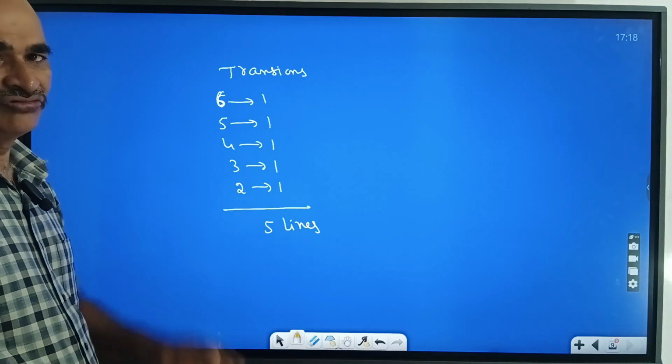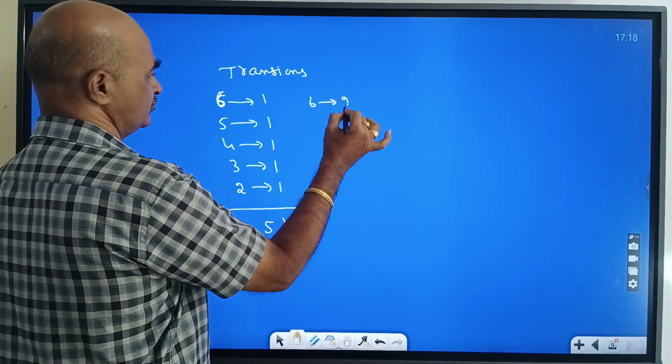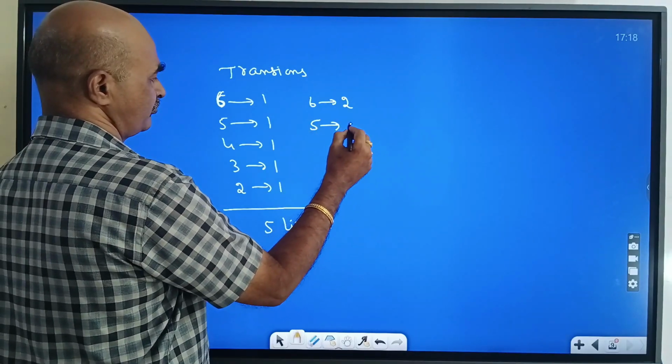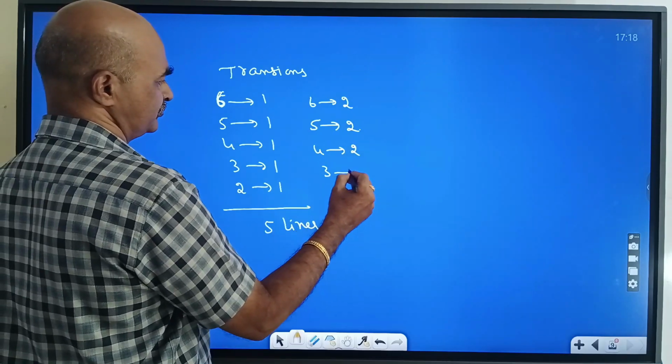In the Balmer series, 4 lines: 6 to 2, 5 to 2, 4 to 2, 3 to 2.